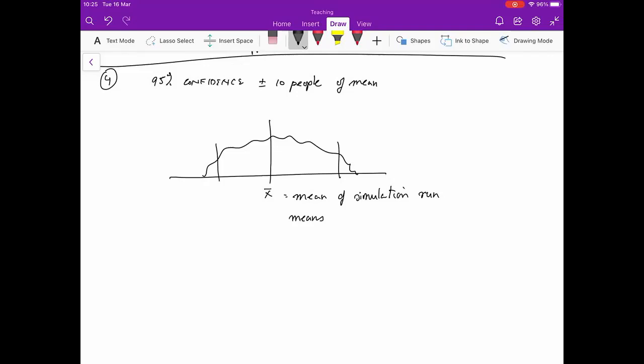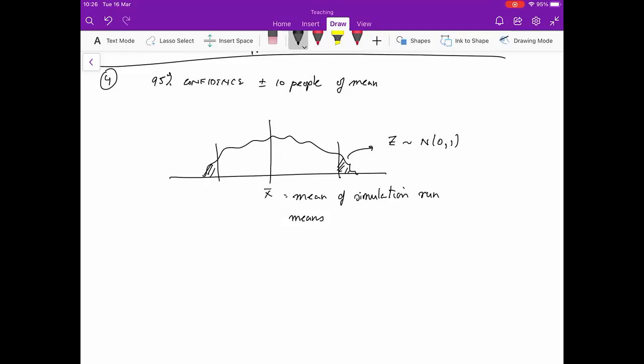The simulation run mean itself is descriptive of the distribution of the underlying parameter, which could be arbitrary, but the mean of means, the distribution of the means, is going to be approximately normal when you have a large enough number of runs. That means we can bound the area over here by the normal distribution, in particular by the standard normal distribution denoted Z, which is normal with 0 mean and a variance of 1. So that's basically the rule we're going to use.